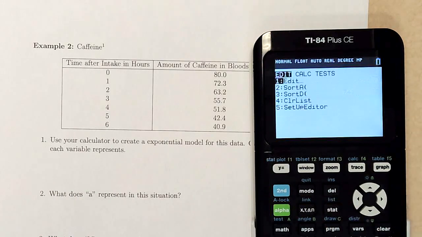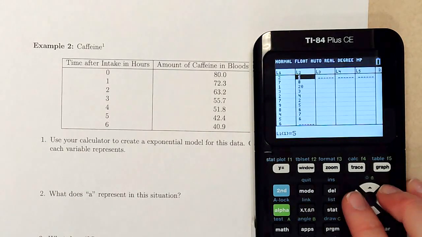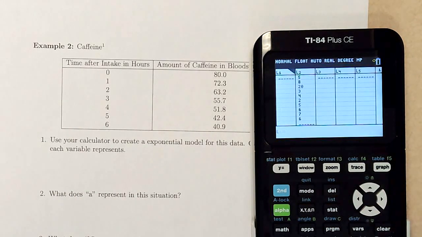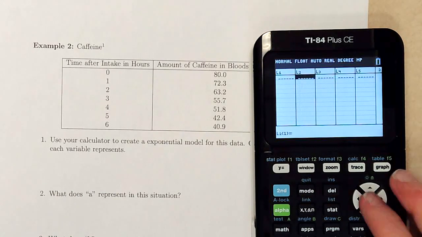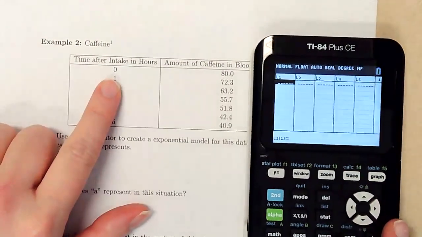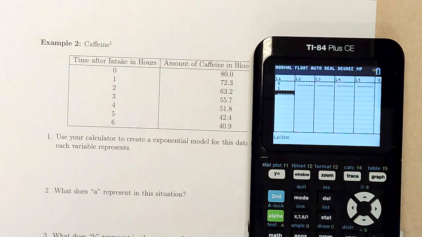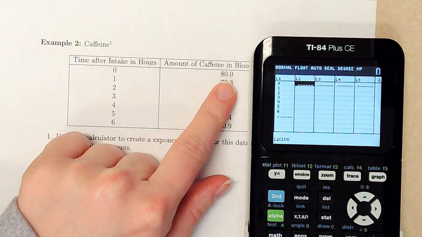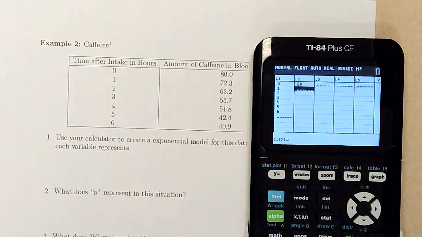We're going to go stat. I already have data in here, so I'm going to clear it. We're going to put the hours into list 1: 0, 1, 2, 4, 5, 6. And the data given for list 2: 80, 72.3, 63.2, 55.7, 51.8, 42.4, 40.9.